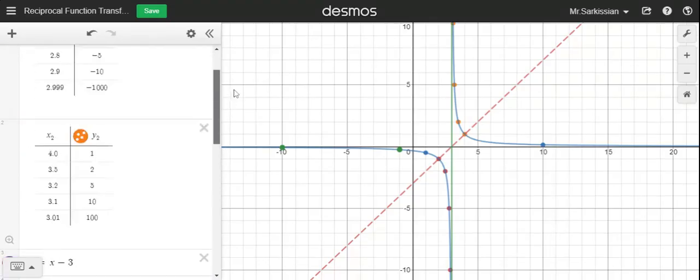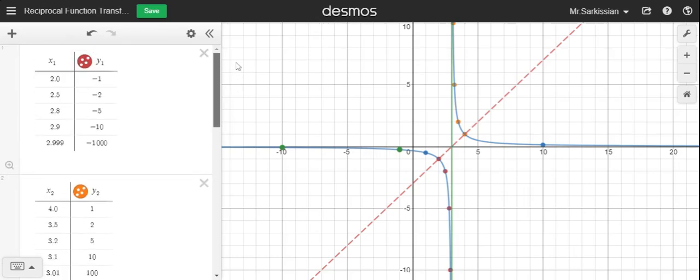In terms of the range of the function, we should say that the graph shows that f of x, or y, gets close to the line y equals 0, which is the x-axis, but never actually touches that line. Therefore, the only restriction on the range of the function is that y cannot equal 0, clearly.